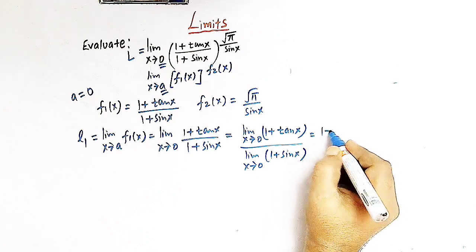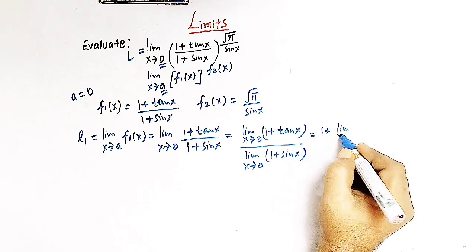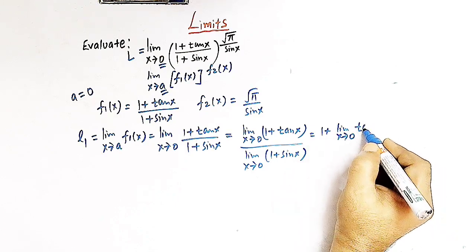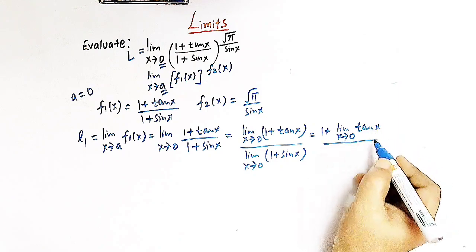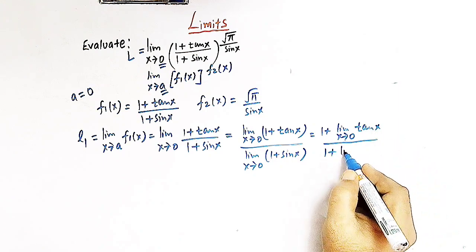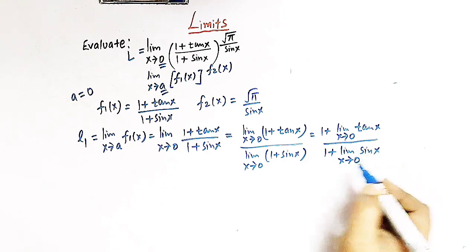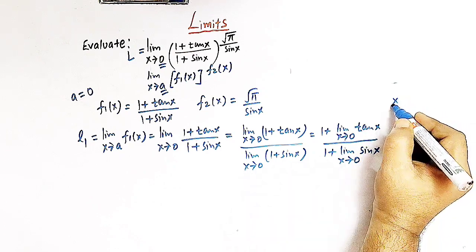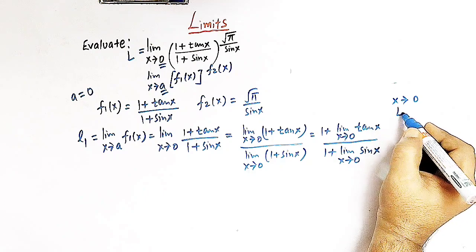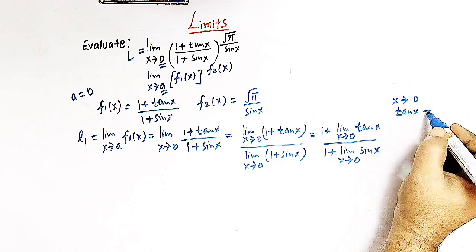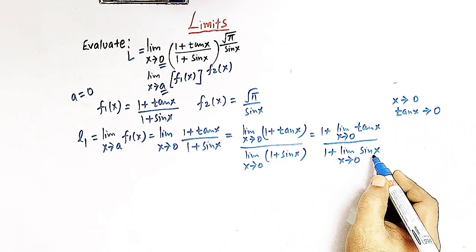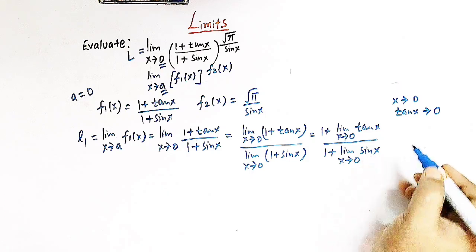So we have 1 plus limit x tends to 0 of tan x, and 1 plus limit x tends to 0 of sin x. Now see, when x tends to 0, then tangent of x also tends to 0, and similar is the case with sin x.